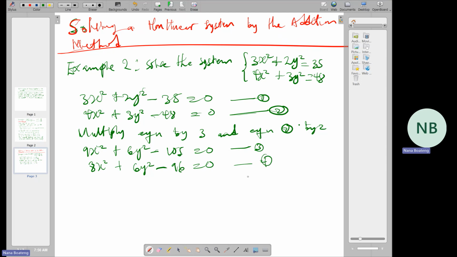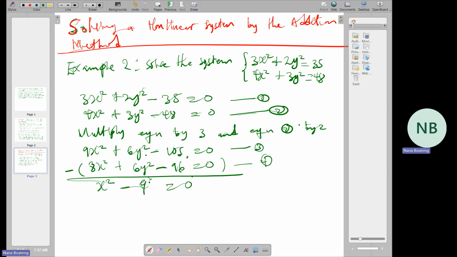If we subtract equation 4 from 3, 9x squared minus 8x squared will give us x squared, and 6y squared minus 6y squared is equal to 0, and negative 105 minus negative 96 becomes negative 105 plus positive 96, which is negative 9, equal to 0.